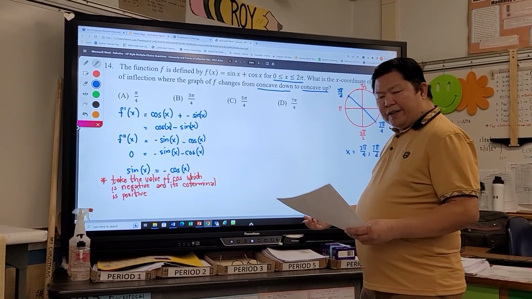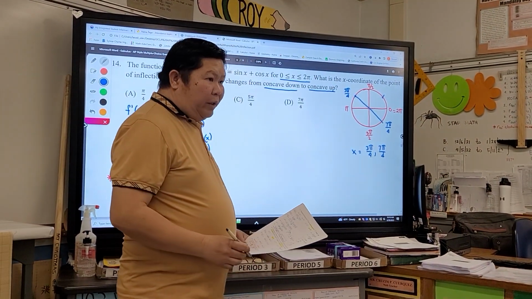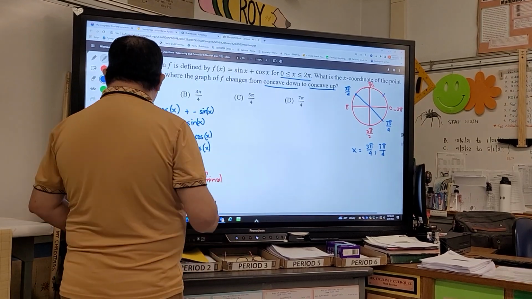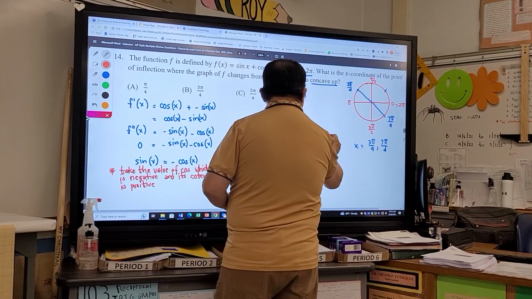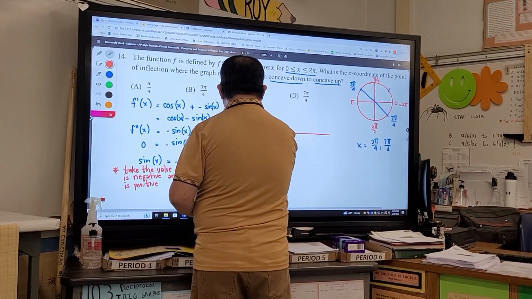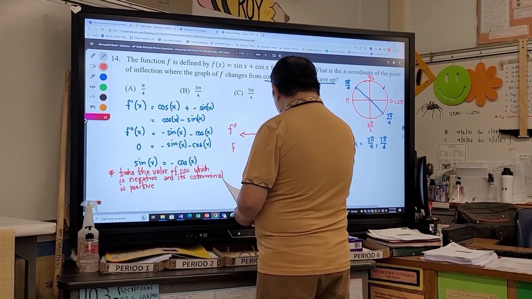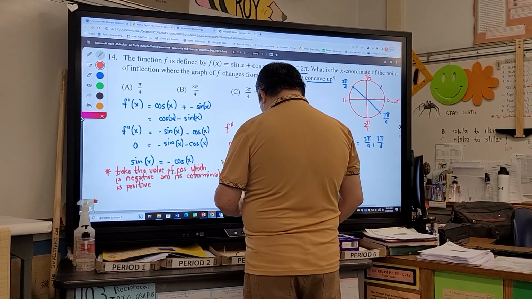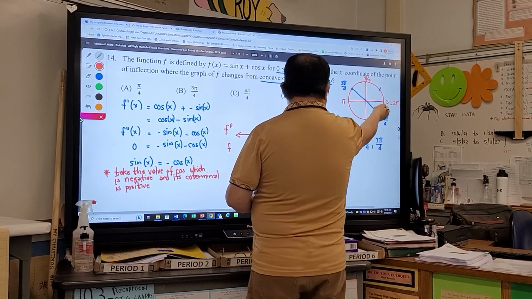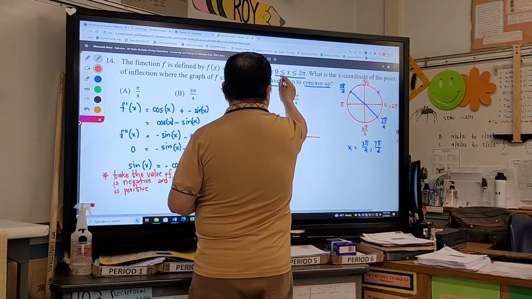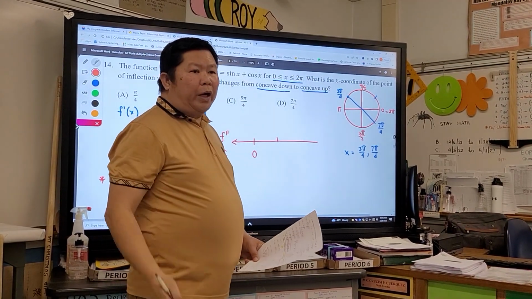What's next, guys? We're going to do the f double prime line. Shall we also include 0? Because it says right here the interval is from 0 to 2 pi.